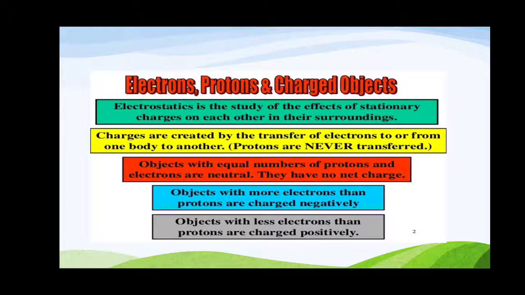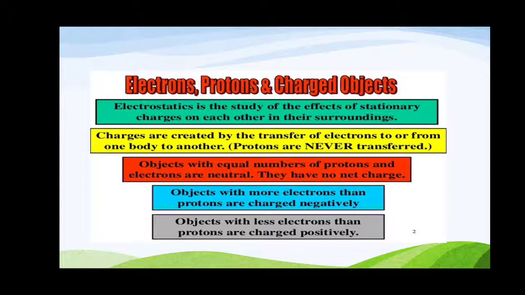Before we start with the third non-contact force, that is the electrostatic force, we will recall the structure of the atom, the subatomic particles and the charges, which we discussed in the previously taught topic, electricity. You all know all atoms are made up of tiny particles called protons, neutrons and electrons.